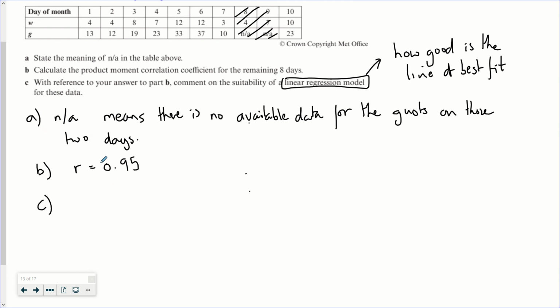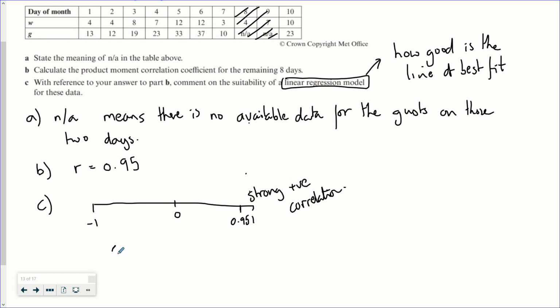So remember our scale, R goes from -1 all the way up to 1, with 0 being no correlation. Now we're at 0.95. Now remember that 1 was a strong, very strong, in fact perfectly strong in a line, positive correlation. So 0.95 looks like it's pretty good.